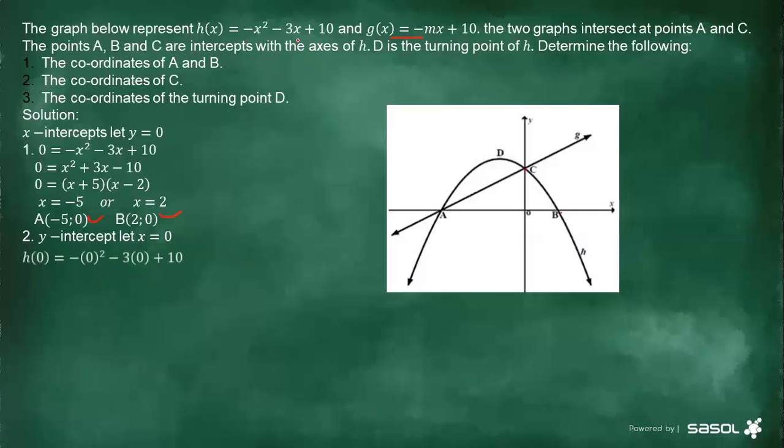Let y be the y-intercept, let x be 0, and then you take this one where you see x, you just substitute 0. Then the coordinate of C is going to be (0, 10). Those are the coordinates of C.